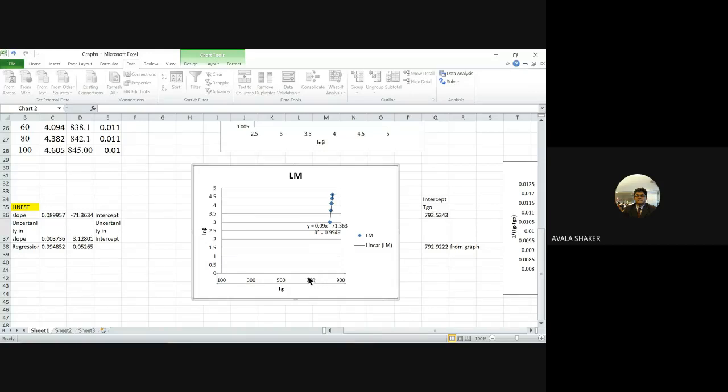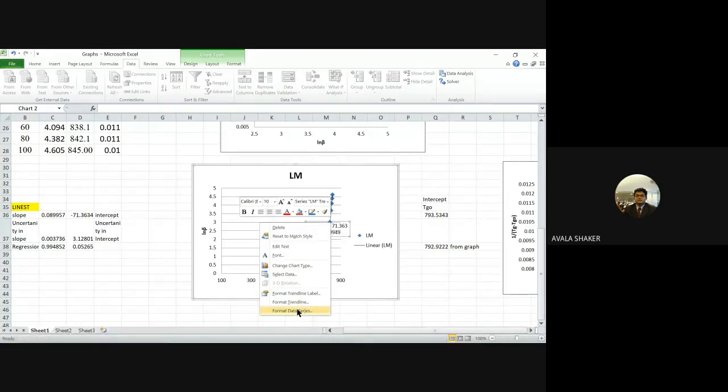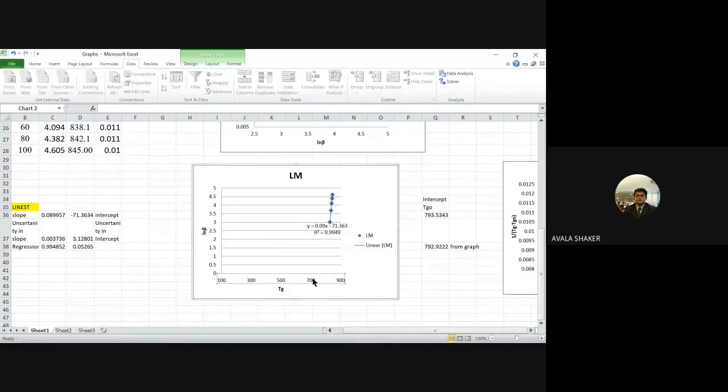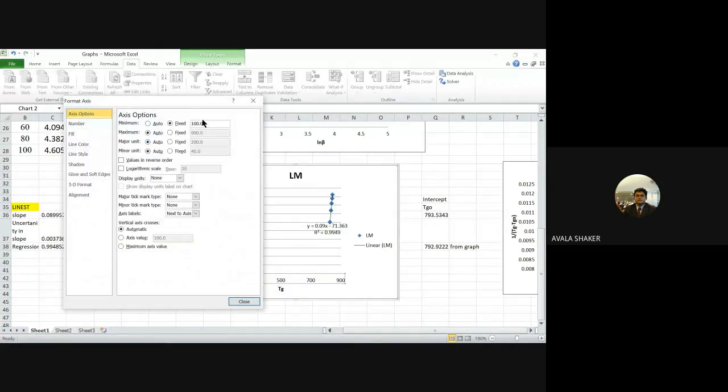The graph seems to be around 700 or so, so let me change it. Format axis. Let us make it 700.